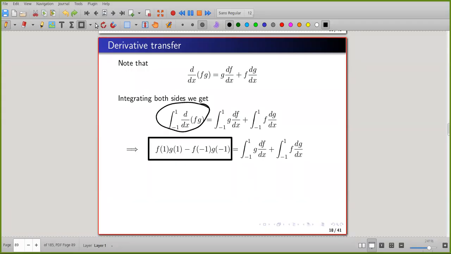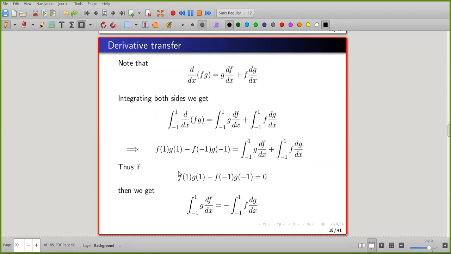If this term on the left is 0, then we get this.